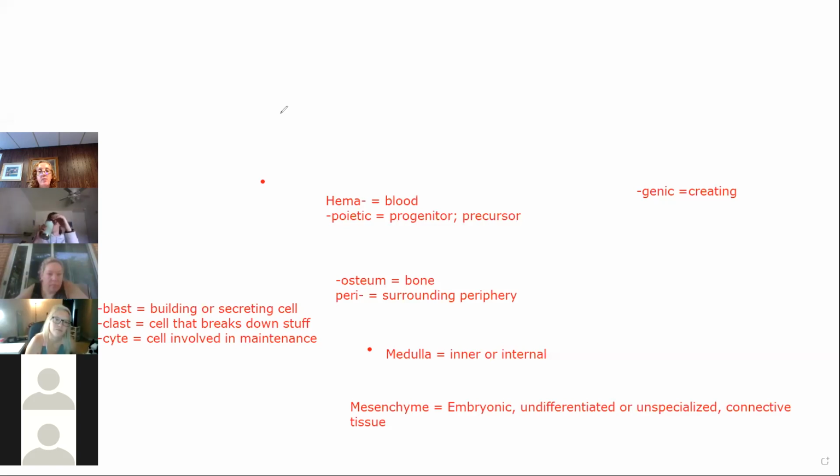Genesis. What does Genesis mean? The beginning, newly forming, or creating. It's where the creation of the world occurs in the Bible. So genesis always means the creation or creating things.